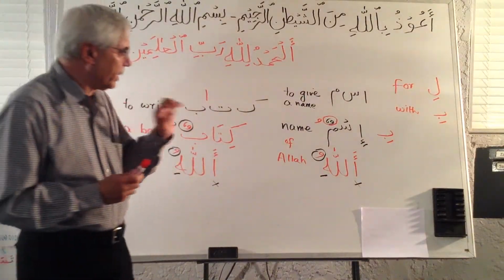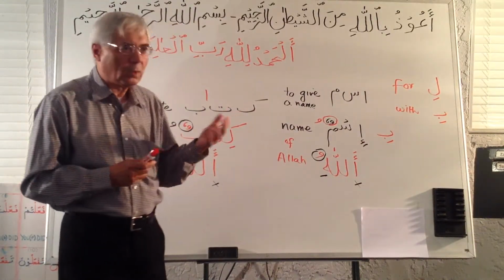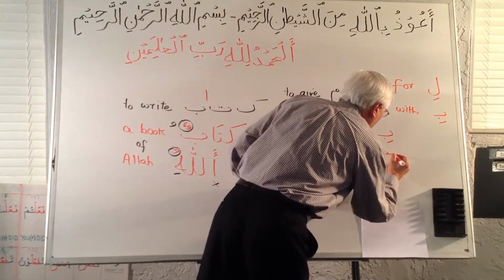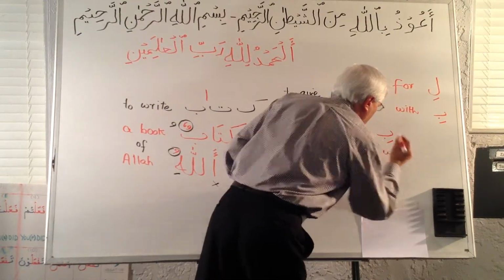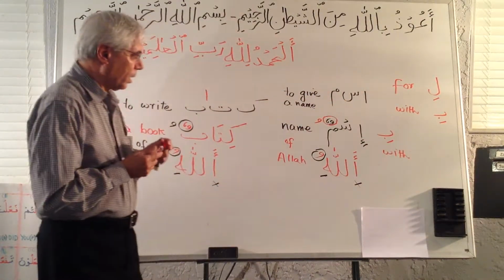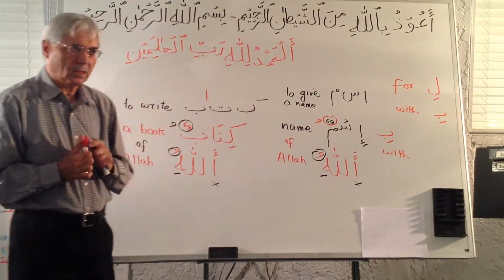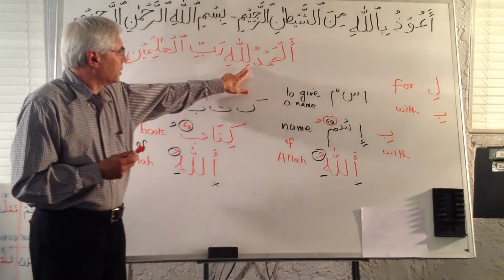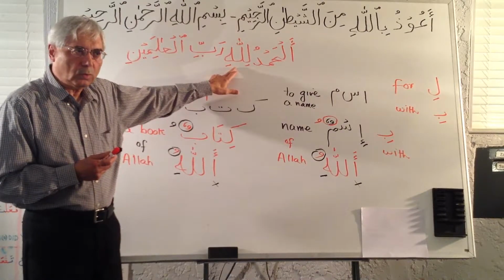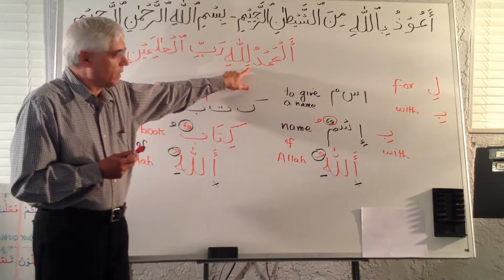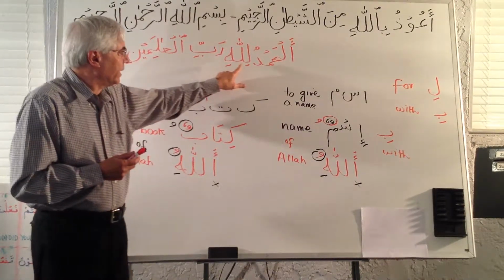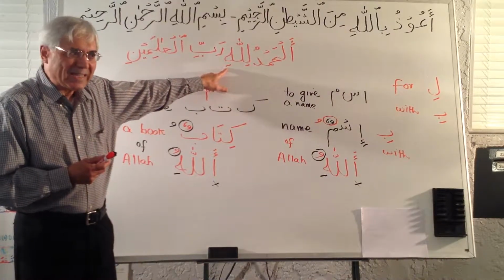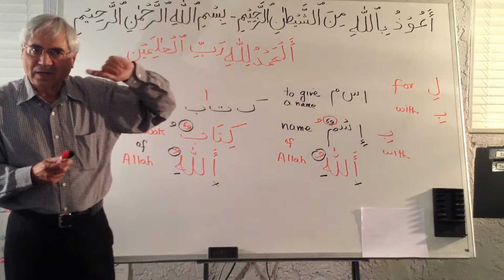Now bi will bring the meaning of "with". Bi is a harf jar, and we learned that when we put this li before Allahu, this li is a harf jar. It changes the last letter of Allahu to Allahi.